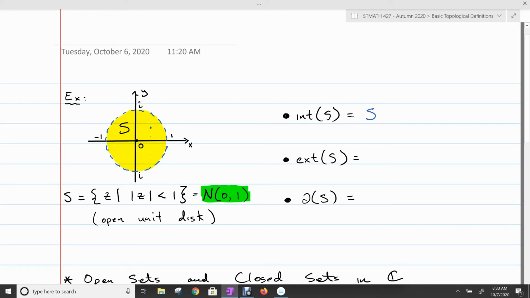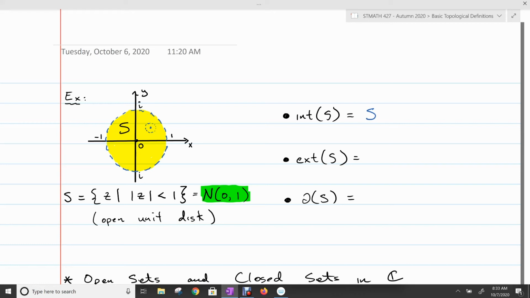So no matter where you pick that point, you can always find a little bit of distance between that point and the boundary, so you can put a little disk around it that stays inside the set. So any point in S is an interior point. And any point that's not inside of S would not be an interior point because there would never be a disk around such a point that would stay inside of S.